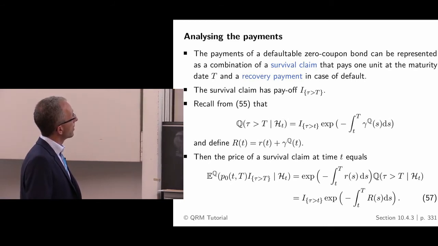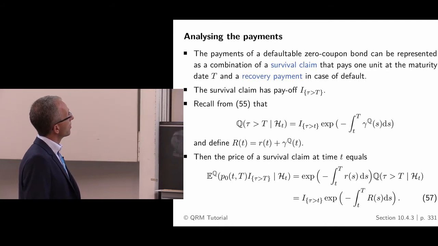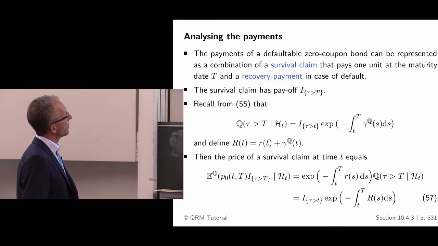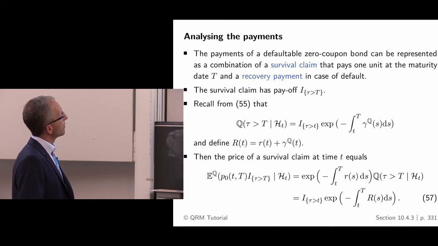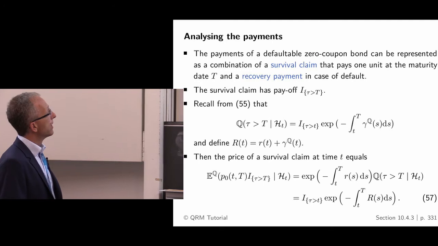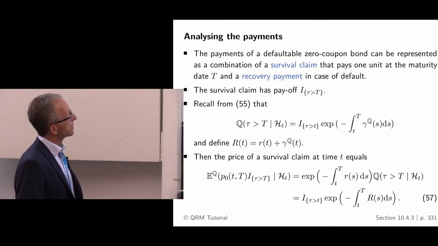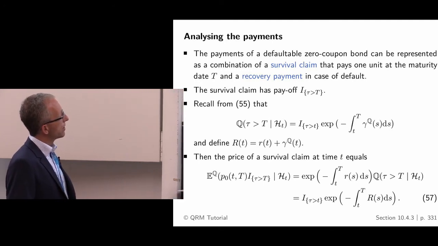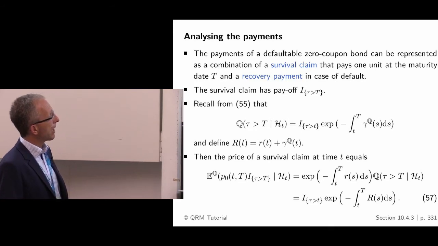That's discounting with the default-free zero coupon bond. This first expression here is just the price of the default-free zero coupon bond written out times the survival probability. And if you use this formula for the survival probability, you see that the whole expression is the indicator that the firm is alive at t times the discounting expression exp(-∫_t^T R(s) ds).